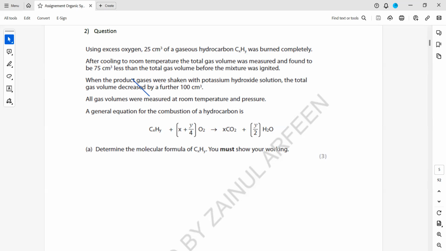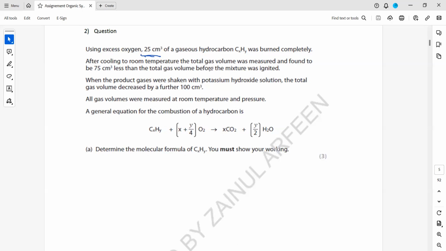So the total volume and 25 cm cube. So this is 25. This will be 25 times, as the ratio is 25 cm cube burned completely.